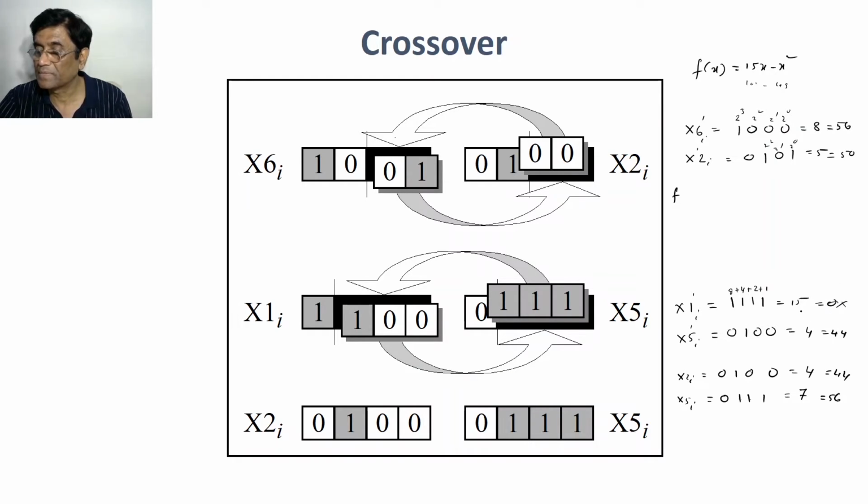And in the next generation, you populate 1, 2, 3, 4, 5, and maybe you can keep 2 high fitness value chromosomes, because you need to keep the number of chromosomes the same generation after generation.